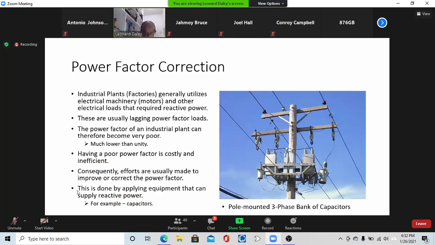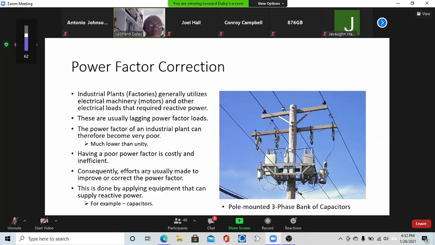All right. Now, a poor power factor is also a costly thing and very inefficient. So usually, plants try to make some effort to correct their power factor, and the public utility like JPS usually give people an incentive to correct their power factor, to have better power factor.